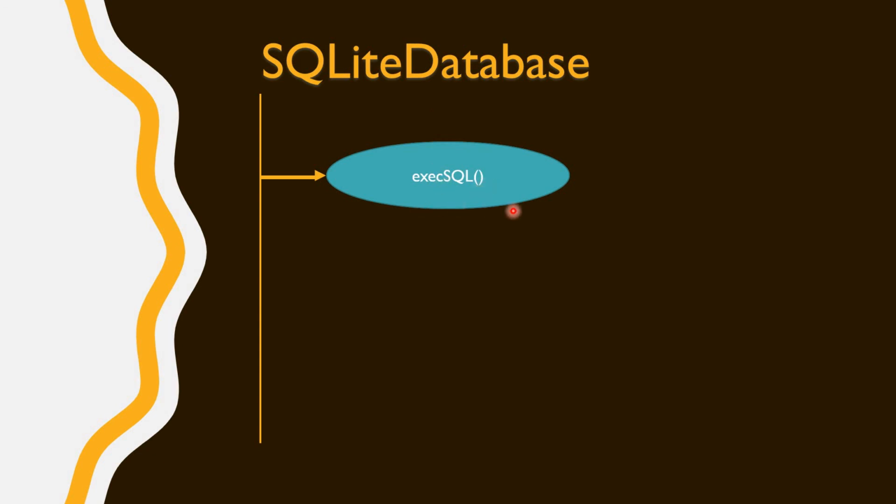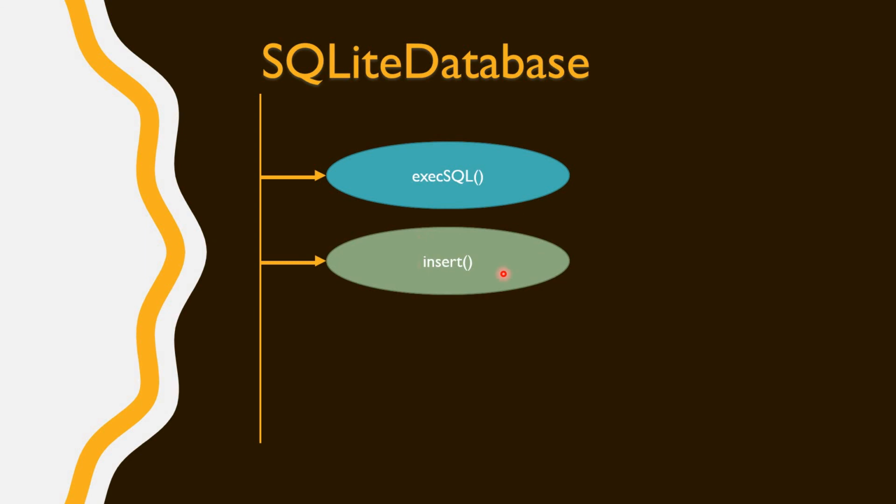It will execute all the queries like create database, create table, insert data, and so on. The second method is insert. This method is used to insert the data. In execSQL we can also insert the data, but the insert method is there for our comfort, right? So we can simply insert the data.